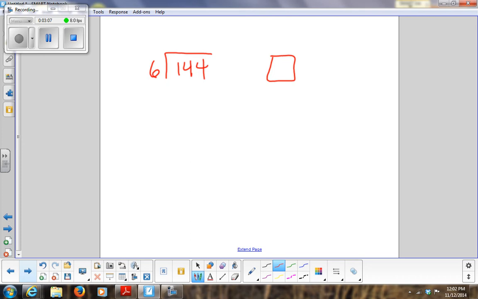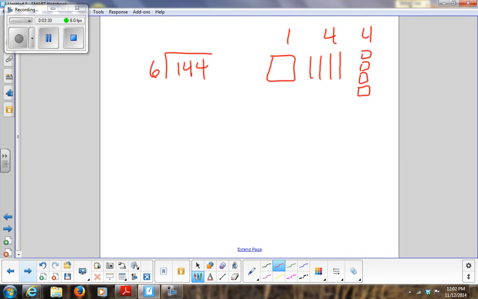No, I have 100. The 100 block covers my 100. How many 10 sticks will cover my 40? 4. And then how many 1 blocks? 4, because that would cover my 1s, right? So it would look like this. Does everybody see that? Yes.